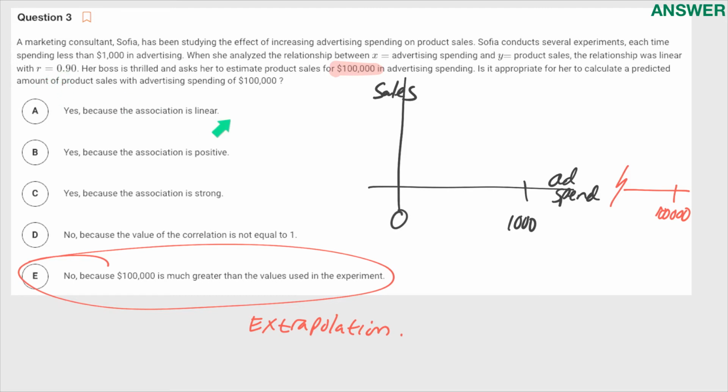Even though there was a strong correlation of 0.90, if you use this relationship when your input is $100,000, you are really leaving the area of your original model. That's not advisable. 100,000 is much greater than the values in the experiment. The vocabulary for that is extrapolation. Extrapolation is never a good idea. Making predictions outside the range of your information is not reliable.